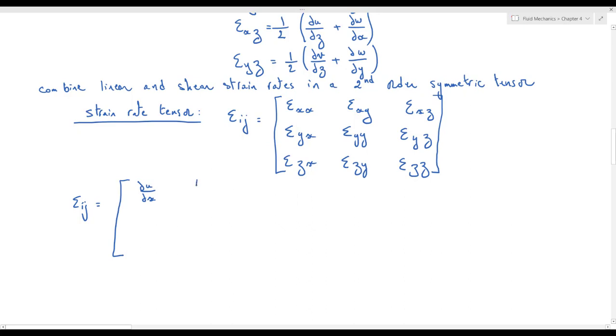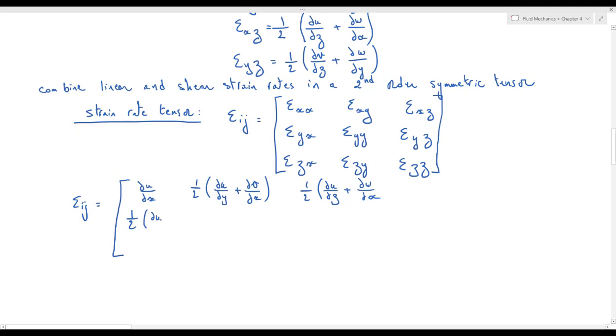So let's write each term by its expression. So epsilon xx is del u over del x, epsilon xy is half del u over del y plus del v over del x, and epsilon xz is half del u over del z plus del w over del x. So epsilon yx is equal to epsilon xy.